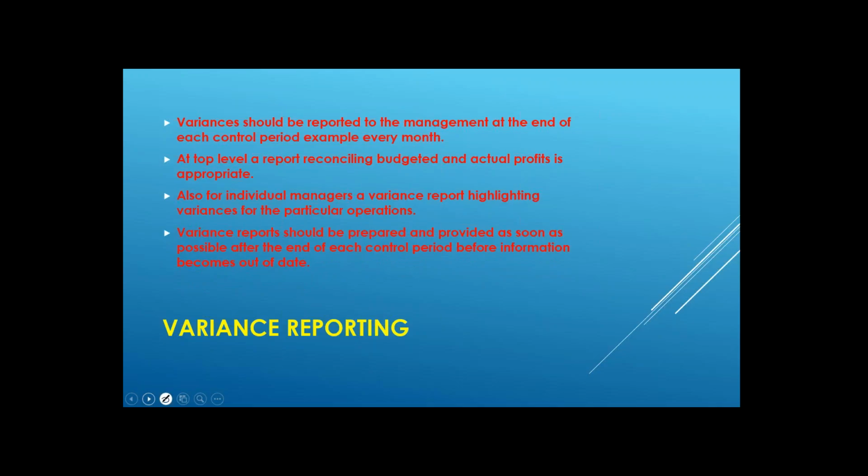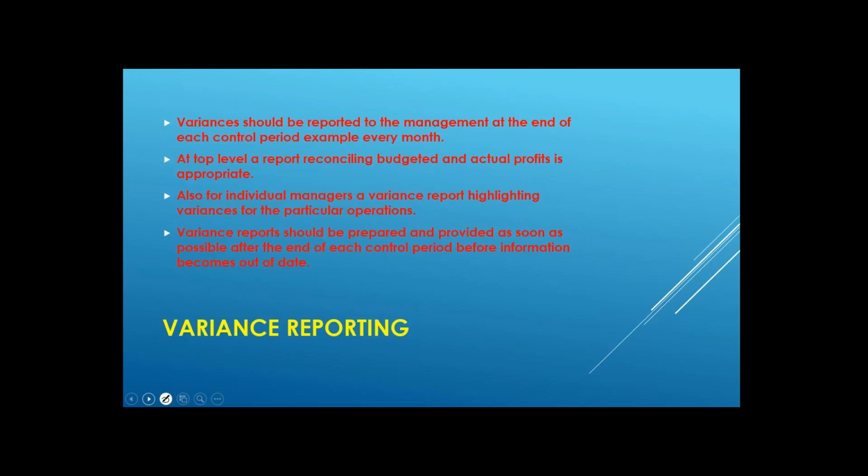The variance report should be prepared as soon as possible and given to the people so they can take corrective action immediately. If you prepare a report very late, that report is useless because it's not going to help you. So you must give the report as quickly as possible so the people can work on the variance.